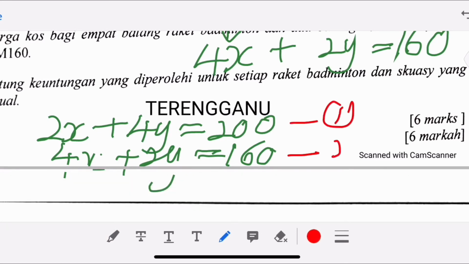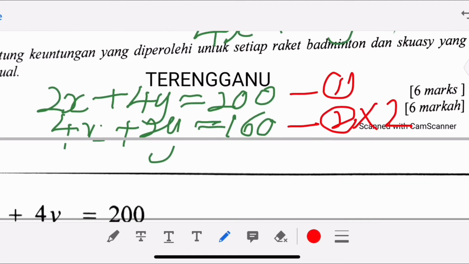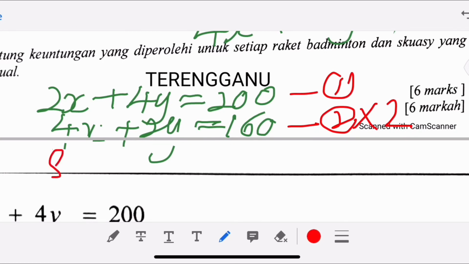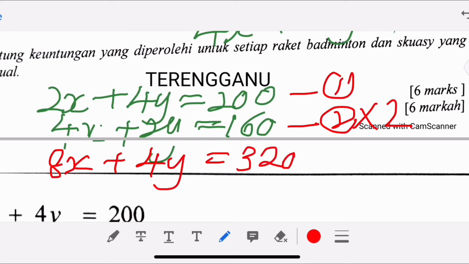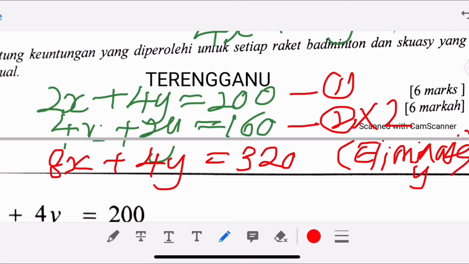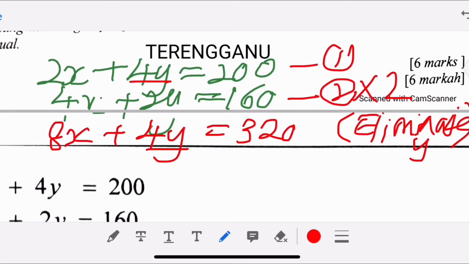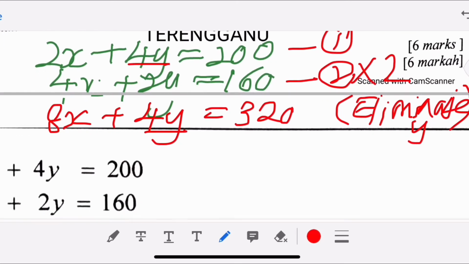Let's say you want to eliminate y again, so you times 2 for equation number 2. So 4x times 2 will be 8x, and 2y equal to 160 times 2 will be 320. Because we want to eliminate the y, we make the coefficient of the y the same by multiplying by 2 for equation number 2.